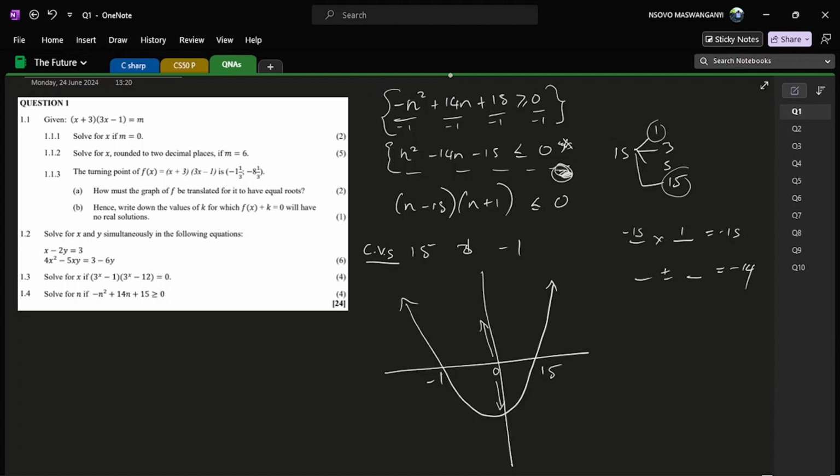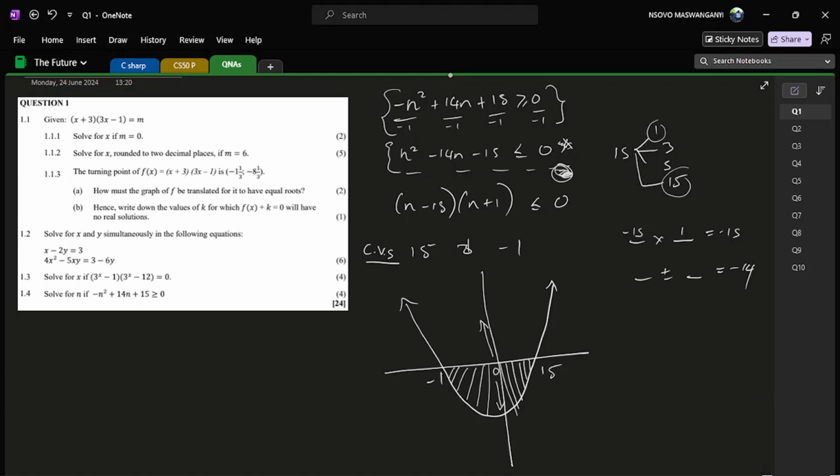So we are looking for where the function is negative. The function is negative below the x-axis like this, because y is negative. Y is the function. Remember that. So this is the region where the function is negative or equal to 0.